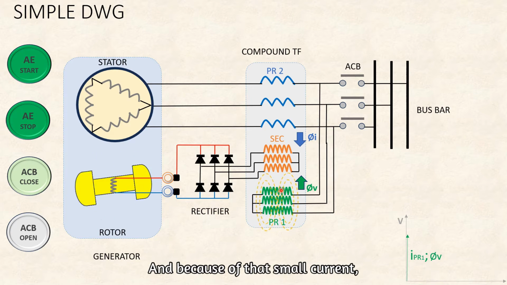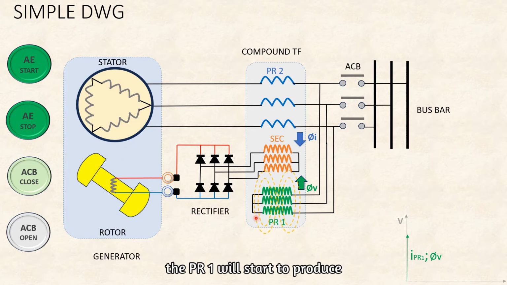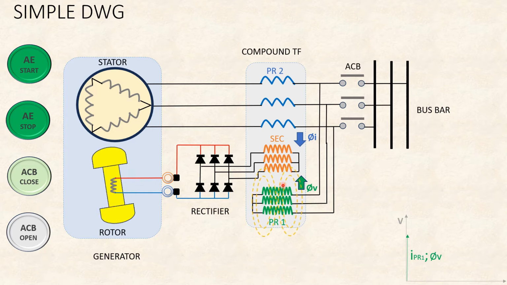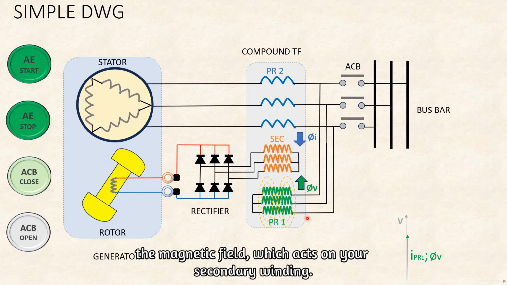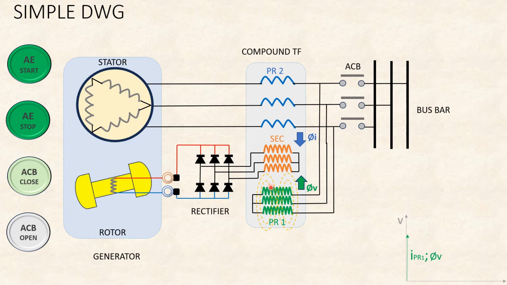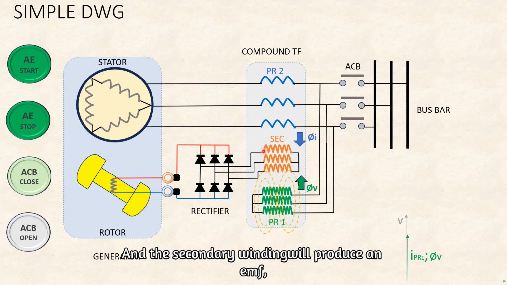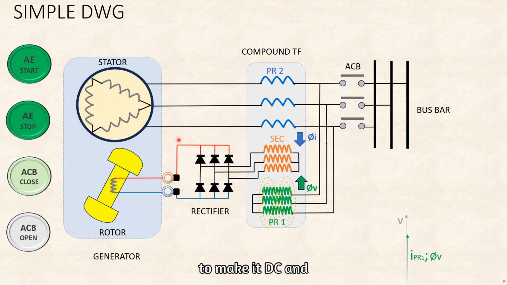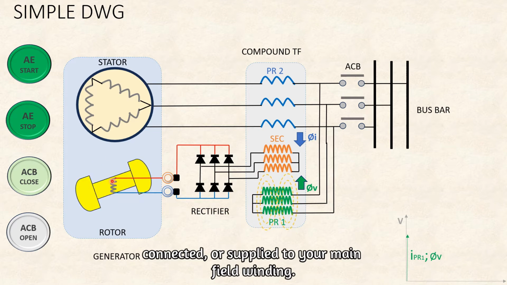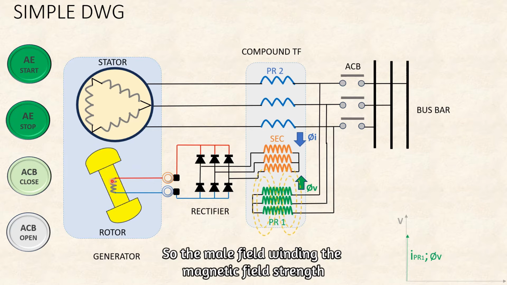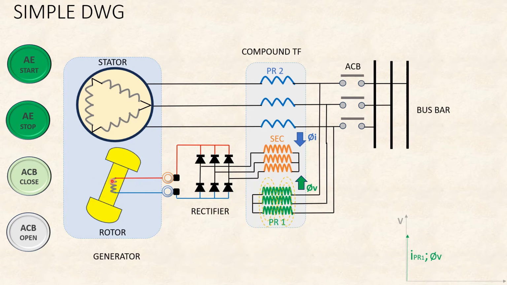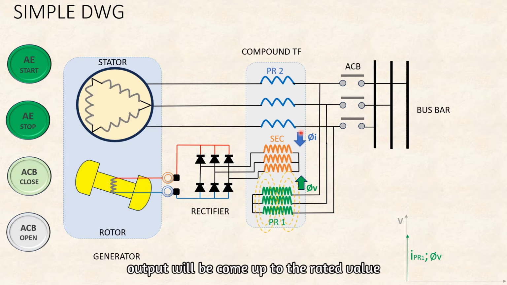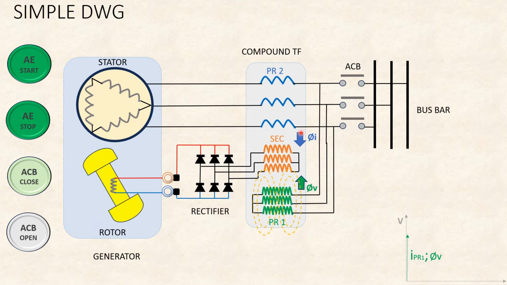Because of that small current, the PR1 starts to produce a magnetic field, which acts on your secondary winding, and the secondary winding produces an EMF, which is then rectified and supplied to your main field winding. So the magnetic field strength of the main field winding will increase, and the stator output will come up to the rated level.